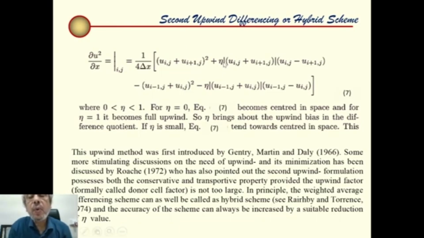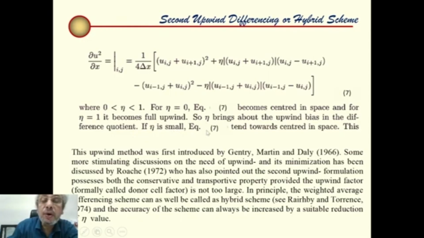If eta is 1, then it is first order upwinding. And if eta is a fraction, it is in between first order upwinding and central difference. So eta brings about the upwind bias in the finite difference quotient.